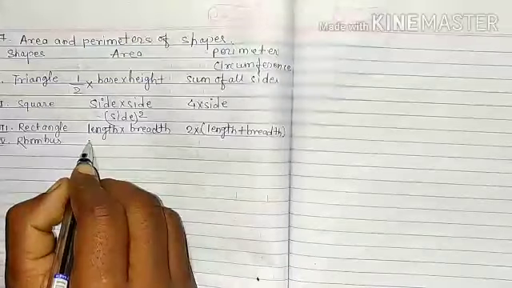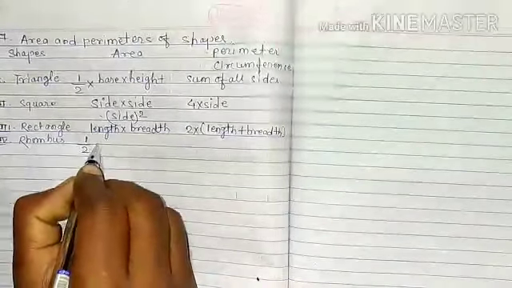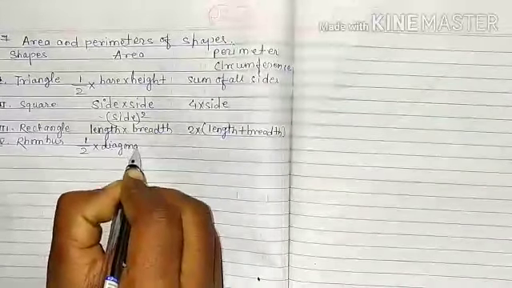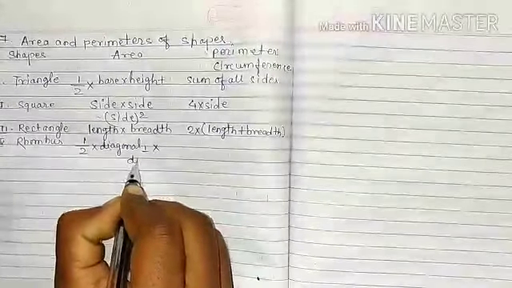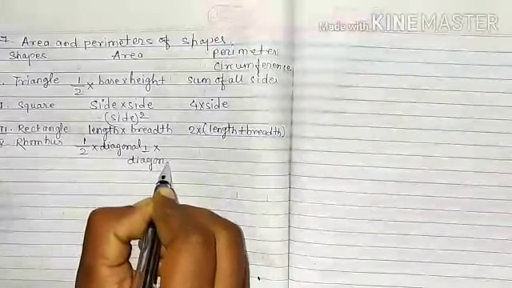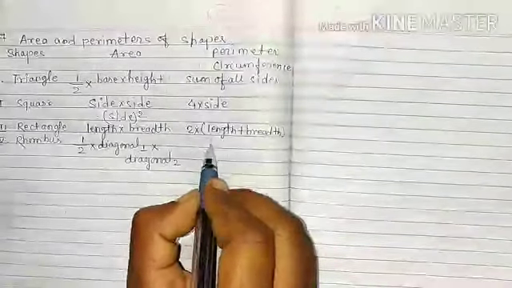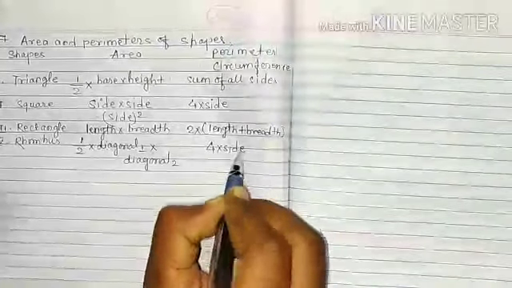Area of a rhombus is 1/2 into diagonal first into diagonal second, and the perimeter of a rhombus is 4 into side.